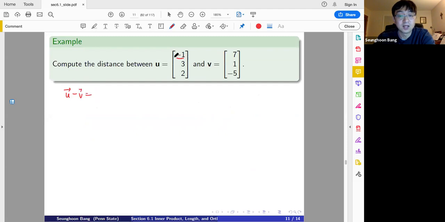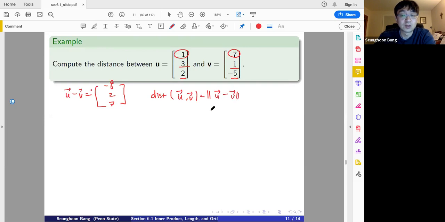So exactly, negative 1 minus 7 is negative 8. 3 minus 1 is 2. 2 minus 5 is negative 3. Next, the distance between vector u and v is the norm of u minus v. So what's that?